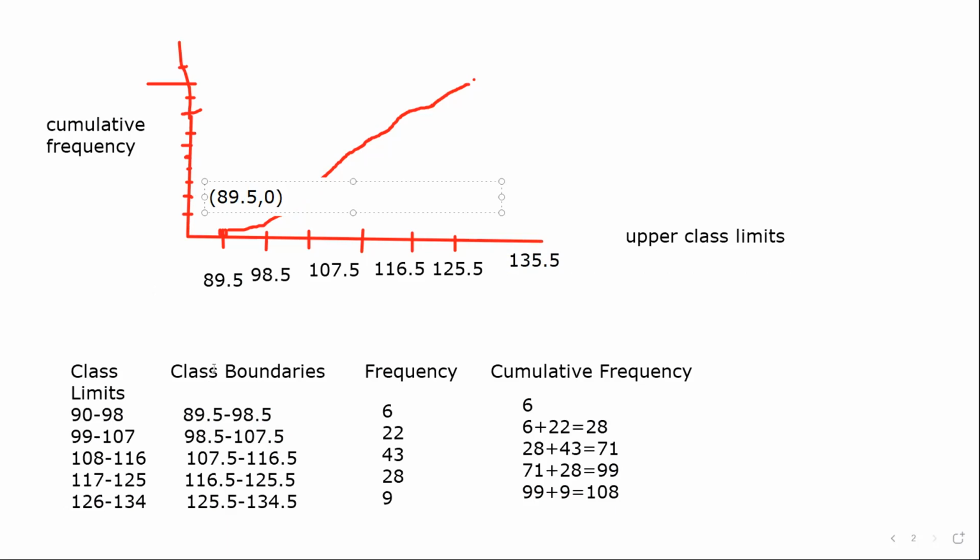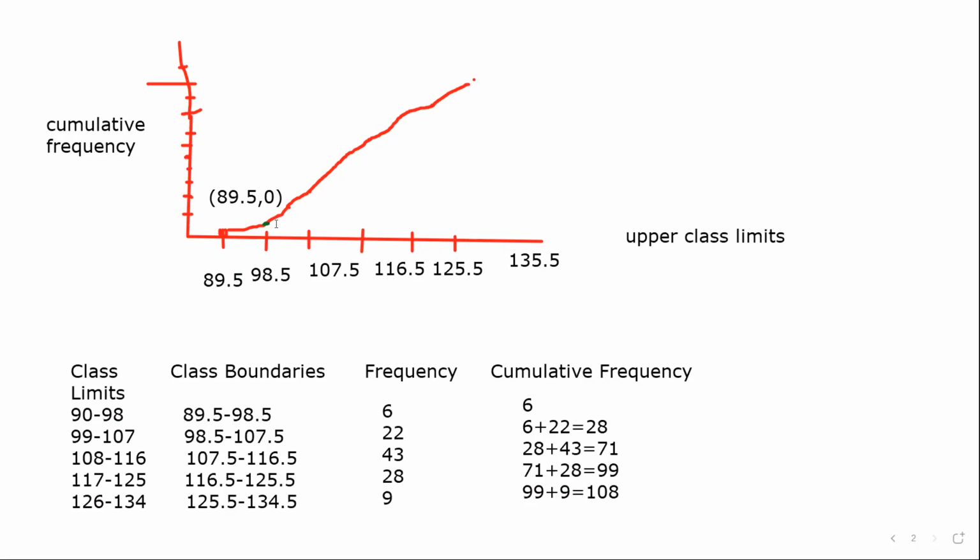Your 6 is going to be at 98.5. So this point, which probably needs to be a little more prominent now that I've drawn into it, this point here, let me do it in green, is going to be approximately where I meant for 98.5 and 6 to be.